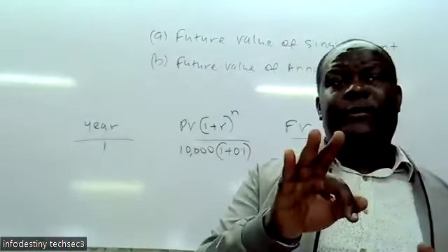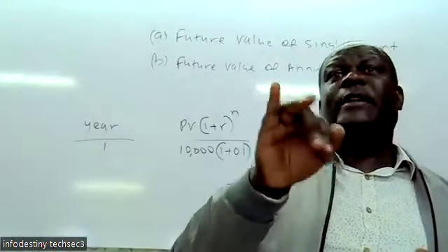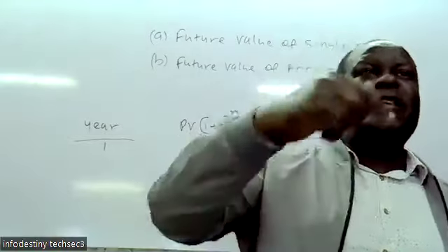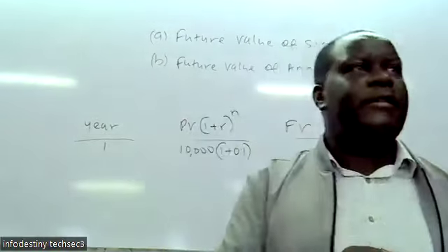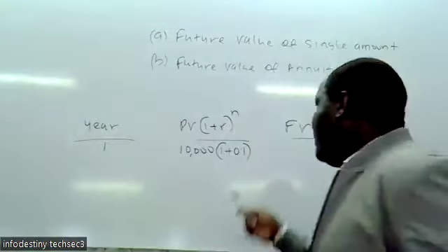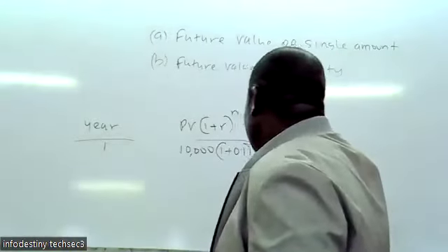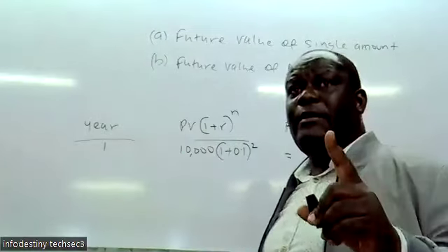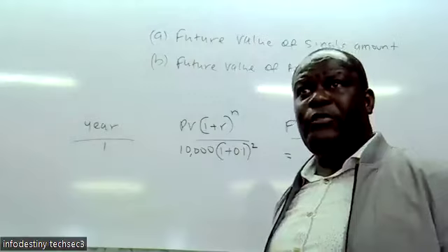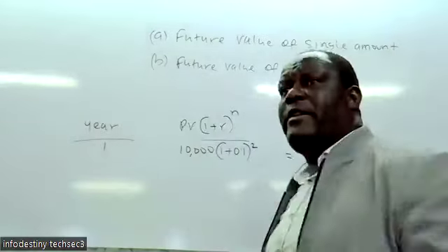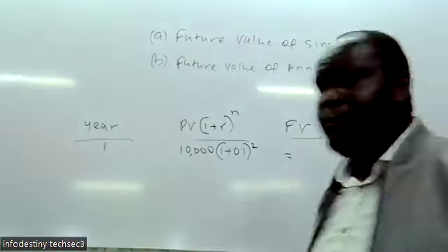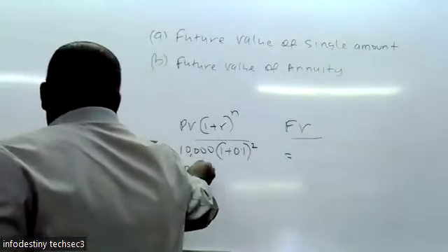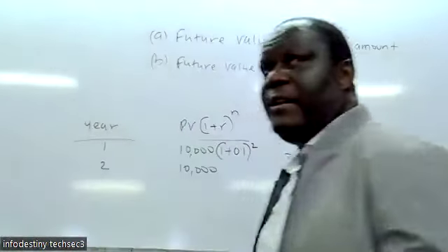You receive money at the end of year 1, but it's supposed to be there for 3 years, so you reinvest for the remaining 2 years. Then in year 2, you receive another 10,000, because you are receiving 10,000 every year.